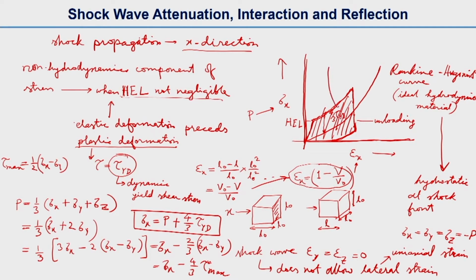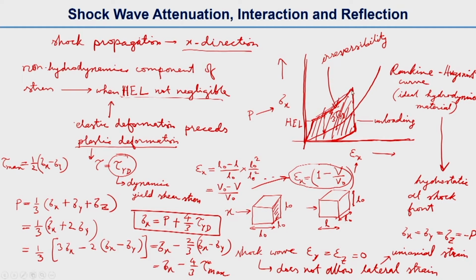Actually this shows the irreversibility of the process. That means the curve doesn't come back in the same way, and that is because of the elastoplastic effect. You have elastic deformation and then plastic deformation, and that contributes to the rapid decay of the shock wave, because the shock wave will dissipate energy because of this irreversibility.